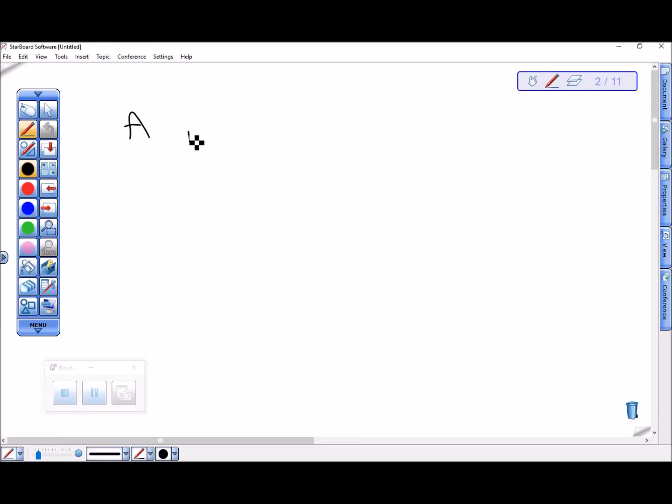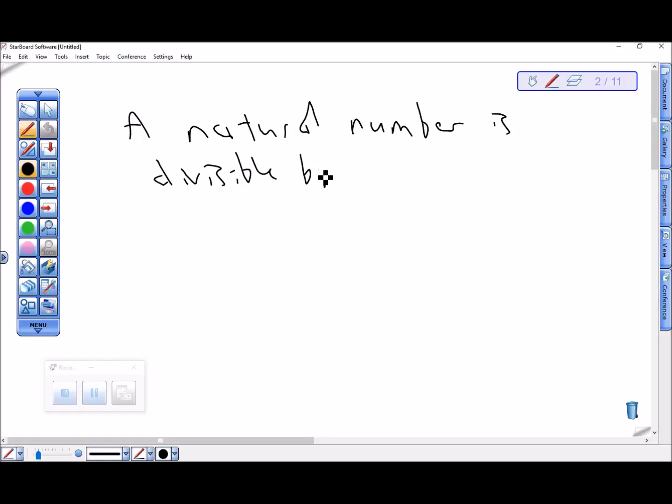A natural number is divisible by 2 if and only if it is even. Okay, that's to say that it ends in a 0, 2, 4, 6, or 8.